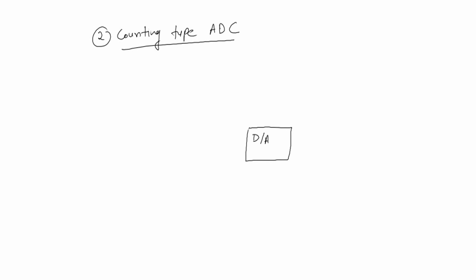Since we can easily design D2A converters of any required bit, we will be explicitly using this D2A converter block, and there will be a counter which will be just counting the input clocks, right?